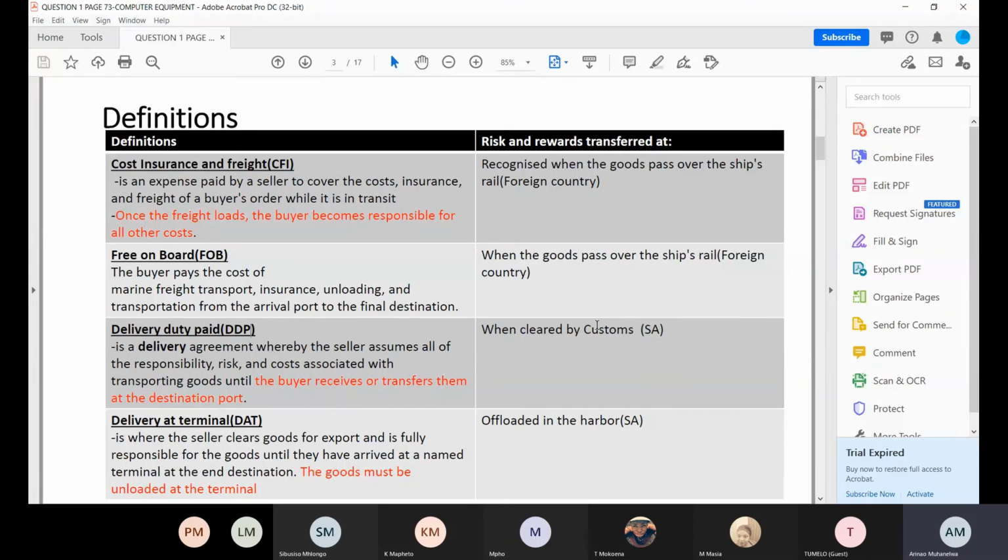All these questions are there in the question banks. I think it has question 1 until question 14 for one to prepare for the test and the final assessment. Make sure you cover CIF, FOB, DDP, and DAT.